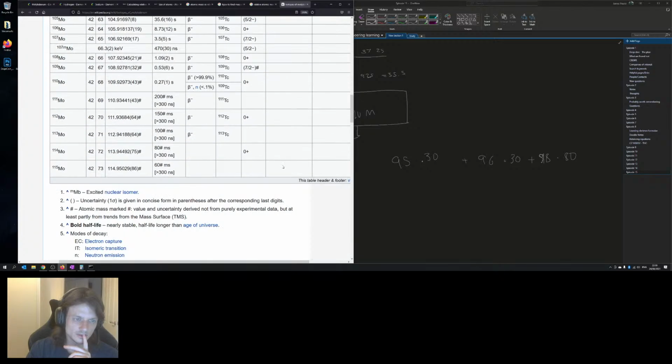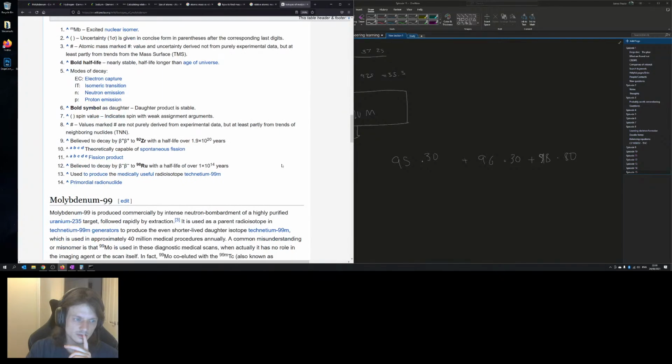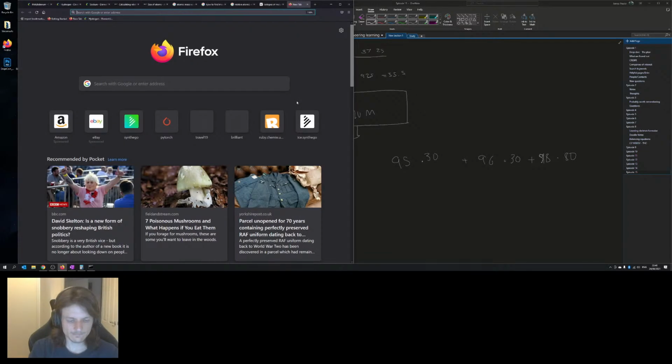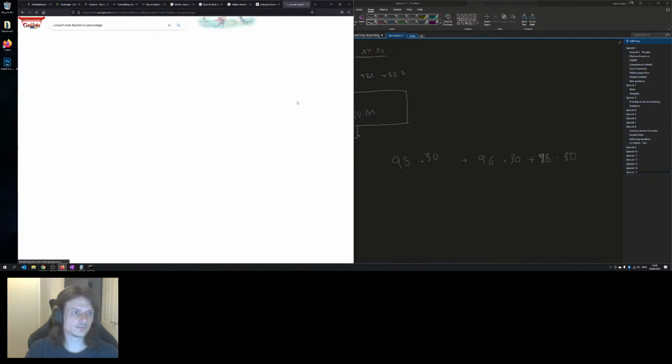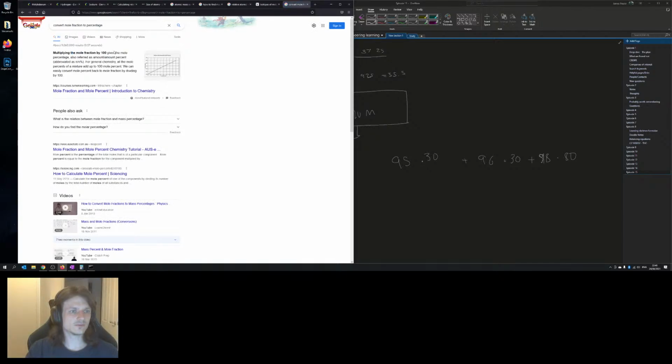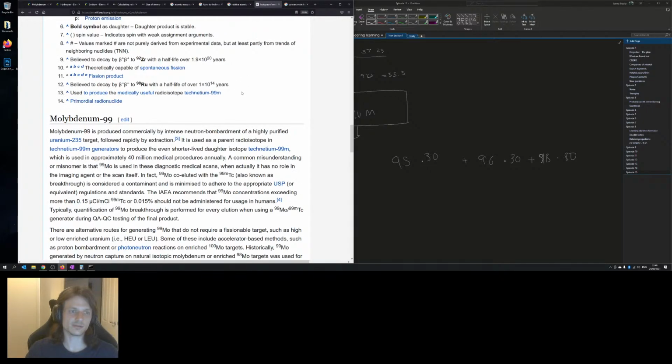Well, convert mole fraction to percentage. Oh, okay, so it is just that. All right, that's awesome. That's really good to know, actually.